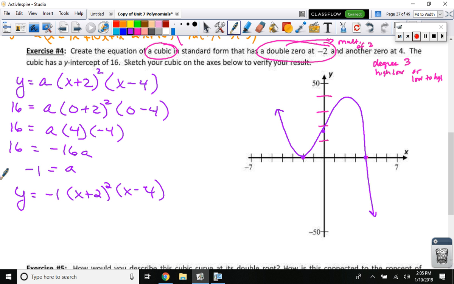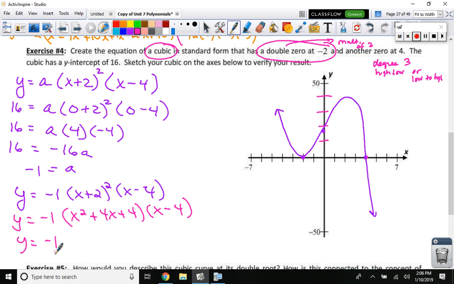But once again, what they say, standard form, so let's get as far as we can here. Can I do this first? We'll do it the opposite way this time. Do that one first. So leave the negative 1 out there. I'm going to do that at the end. What's x plus 2 times x plus 2? X squared plus 4x plus 4. Still have an x minus 4 in the end.